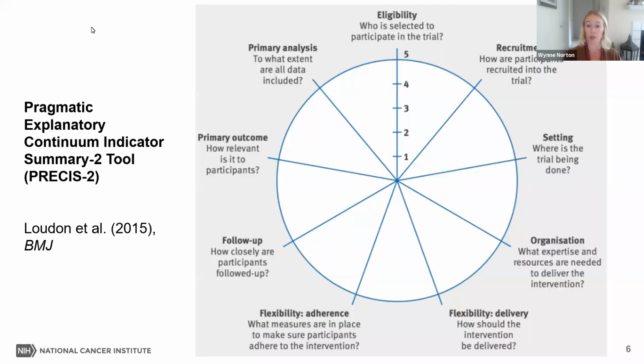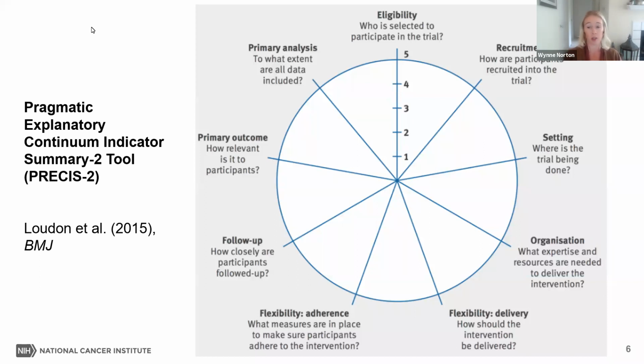Now, just to note that you will rarely see, across all 9 domains for one particular trial, all 1s and you'll rarely see all 5s. It's essentially meant to be on a continuum where you'll see different domains scored along that continuum.